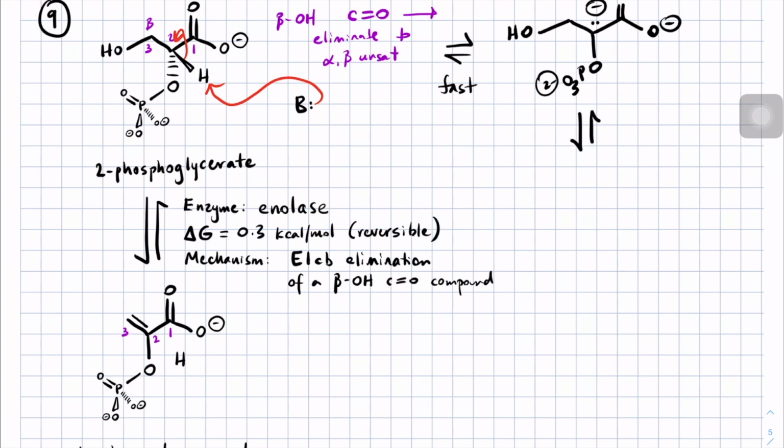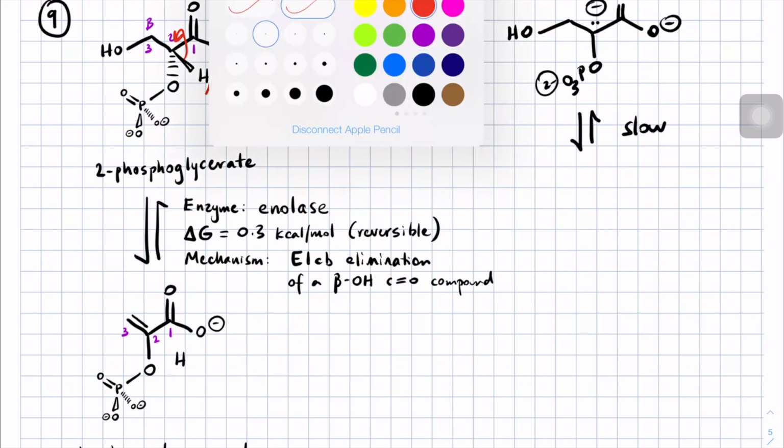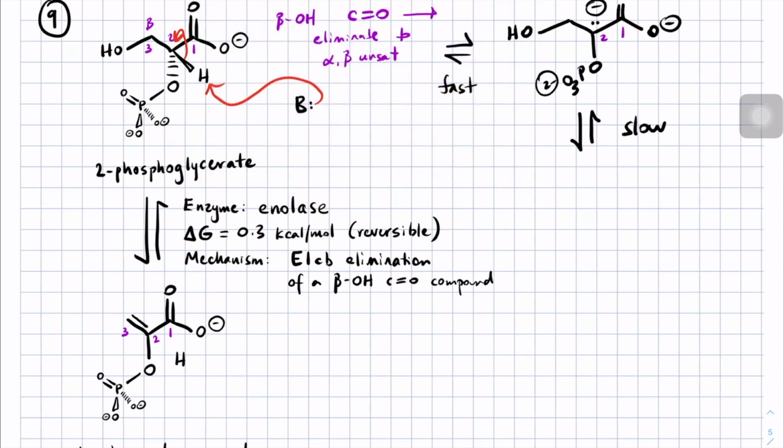And then the next step is slow. That is, lone pair electrons on alpha carbon 2 kick down and kick off OH minus as a leaving group.